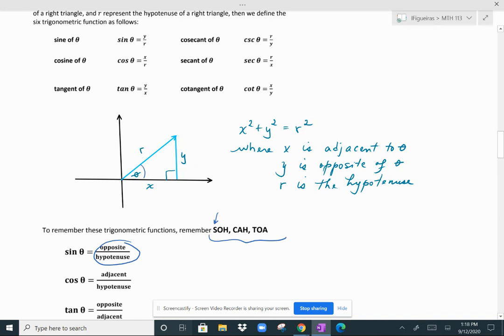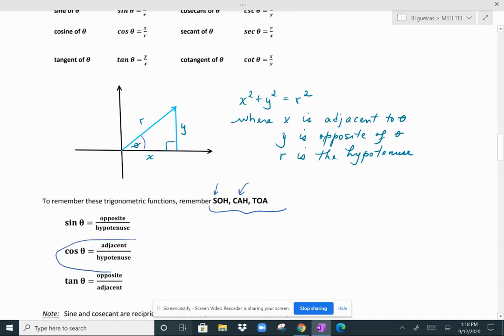And then the next one, the CAH part, stands for cosine equals adjacent over hypotenuse. So the side next to the angle and the hypotenuse, that's x over r. And the last one, TOA, means tangent equals opposite over adjacent.